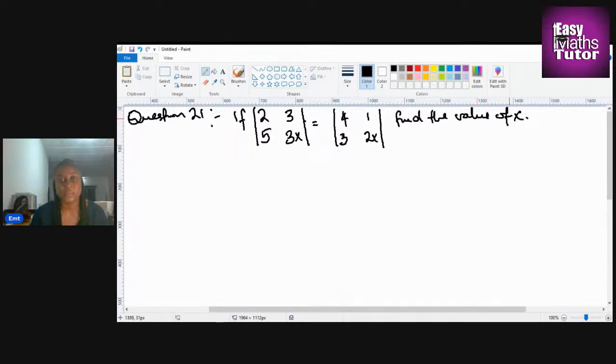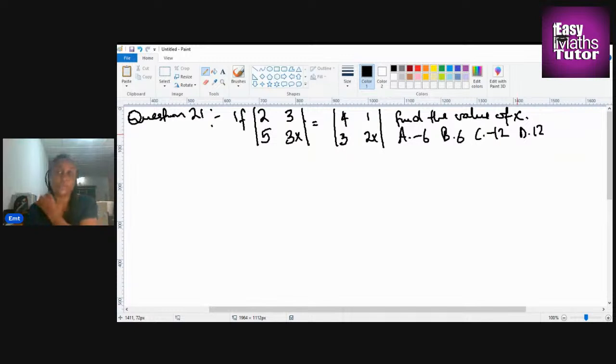Our options for this problem: A is minus 6, B is 6, C is minus 12, and D is 12.